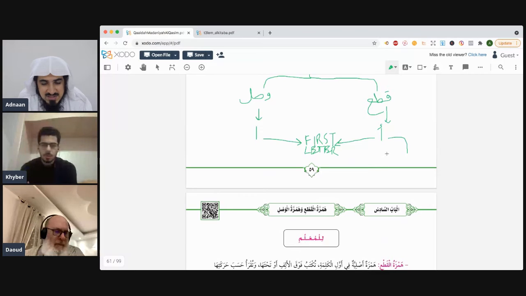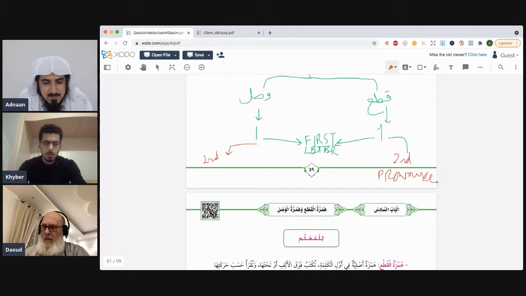If it is the second letter, so now this is where they differ. If it is the second letter, hamzatul qata', we still pronounce it. And hamzatul wasl, we do not pronounce.